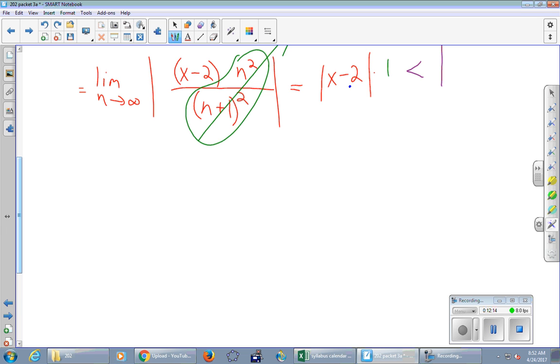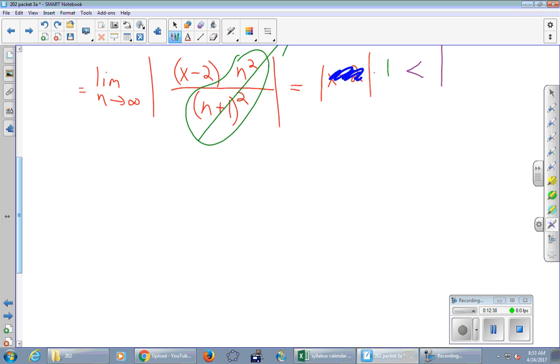Negative point, how much? Negative 0.05. When you take the absolute value, is it less than 1? Yes. Make up one more number. Anybody else? Yeah. 0.5. Absolute value is less than 1? Yes.